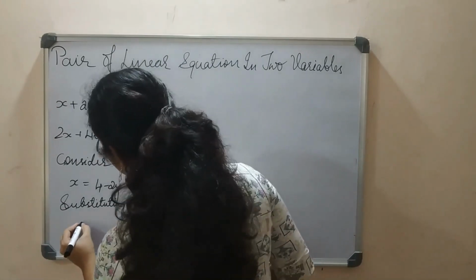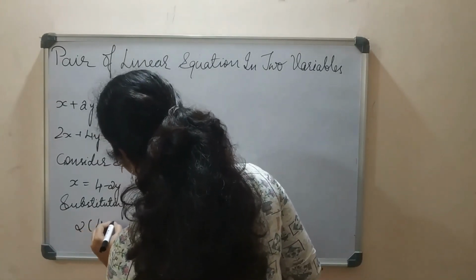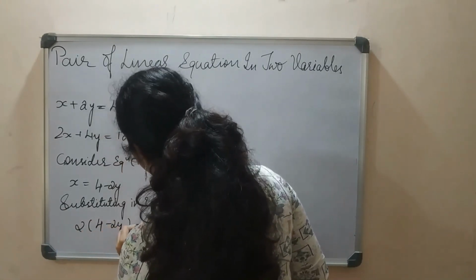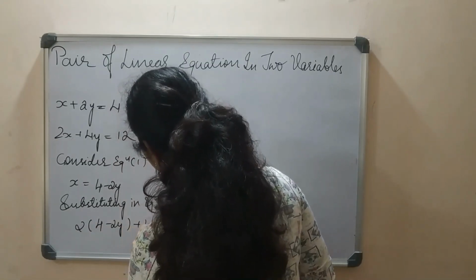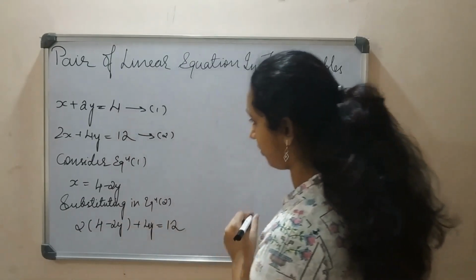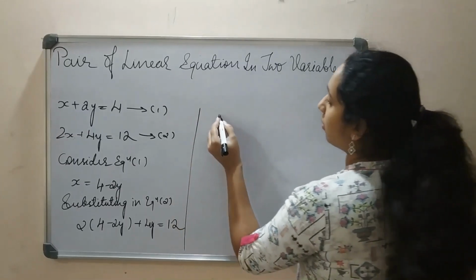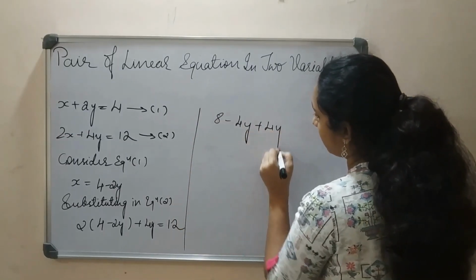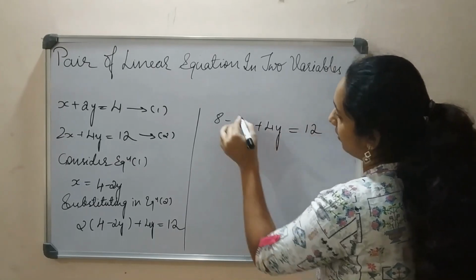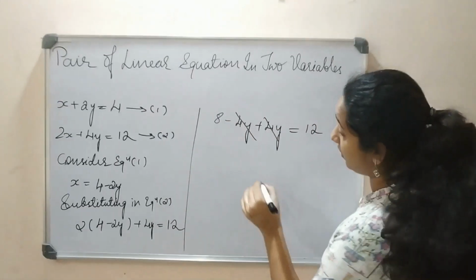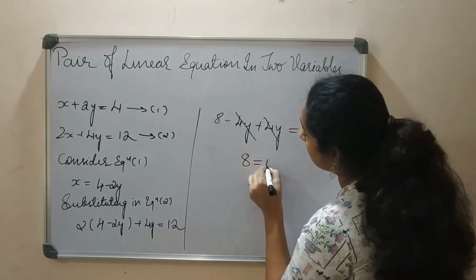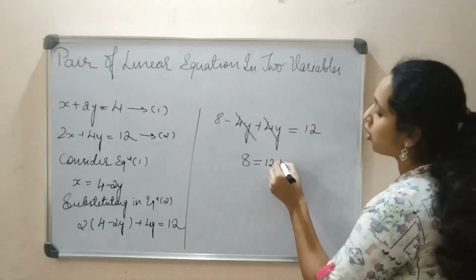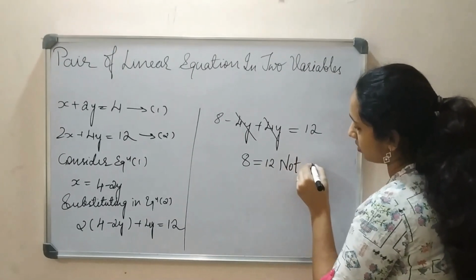Equation 2: 2 into (4 minus 2y) plus 4y equals 12. That gives 8 minus 4y plus 4y equals 12. So now what we are getting here is 8 equals 12, which is not at all possible, correct?